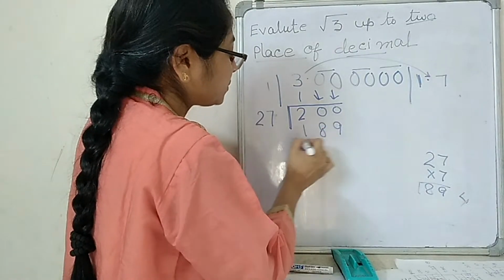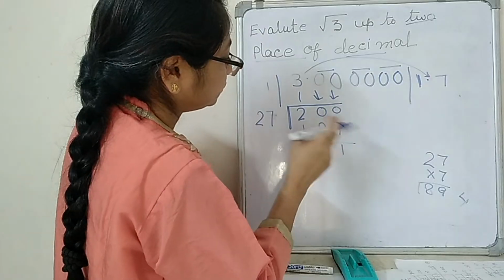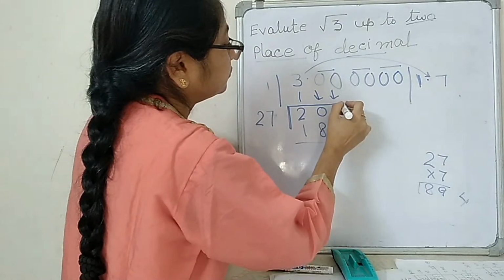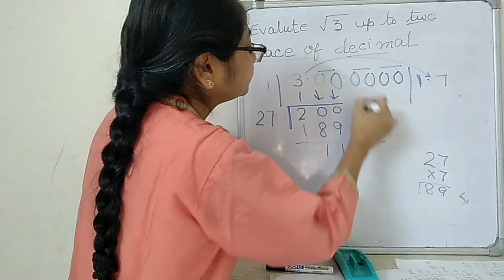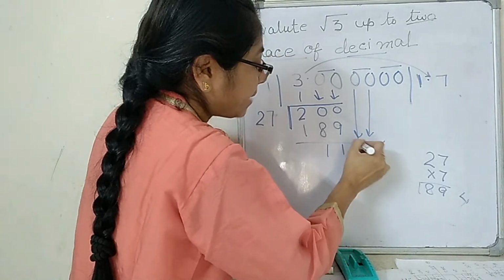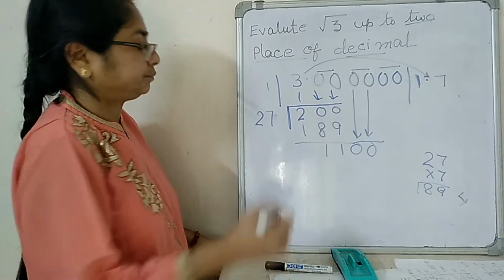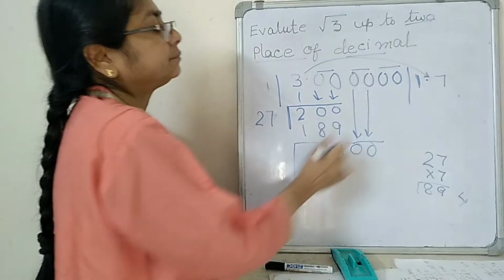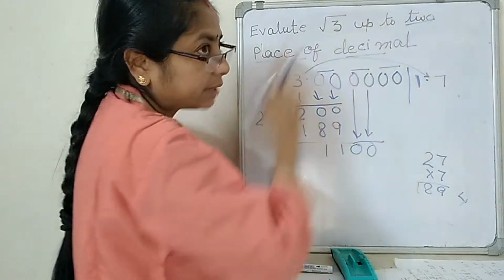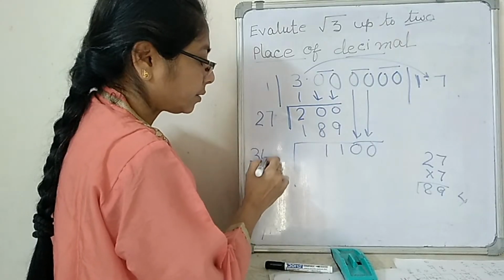Okay. Now subtract it. Now bring down 00. My number is 1100. What's the next step? 17 doubled, you write 34. Okay.